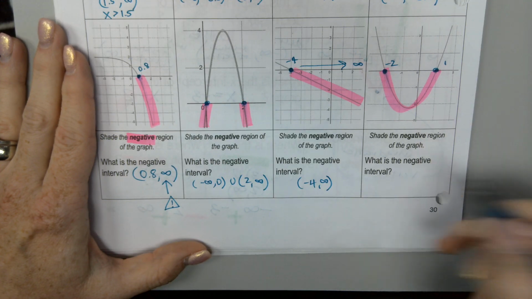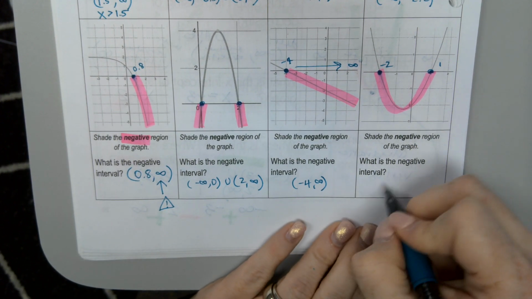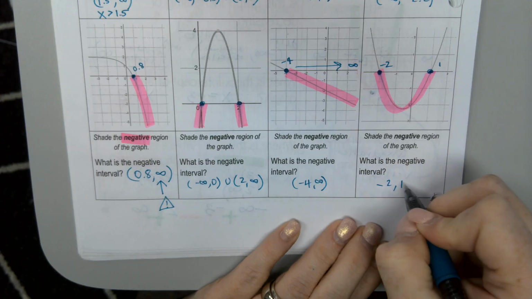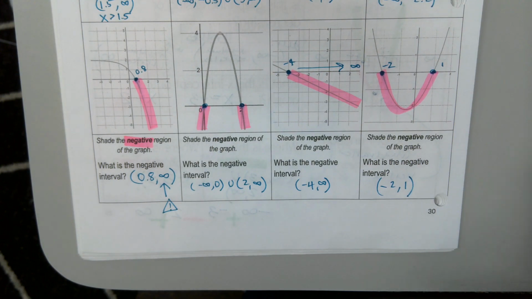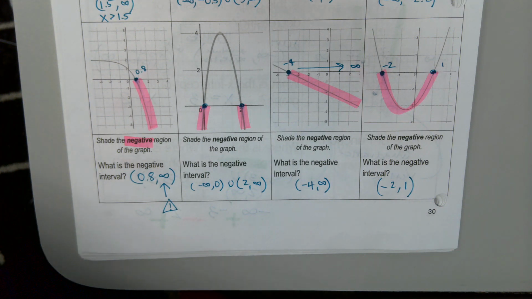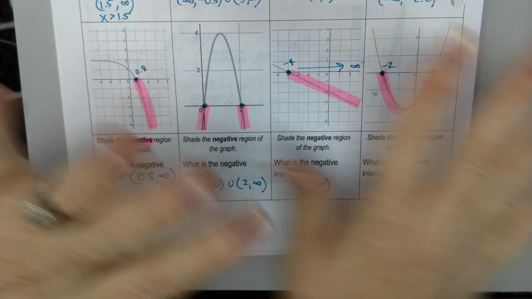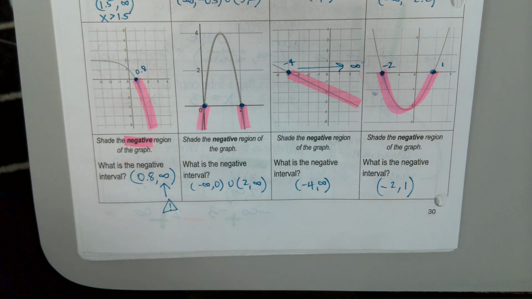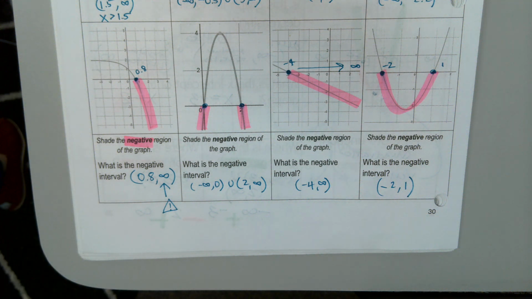Okay. And then what about this one? Negative 2 to 1. Okay. So, intervals of increase, decrease, constant can very, very easily be confused with writing these intervals, okay? Pay close attention to your directions and what is asked of you, okay?